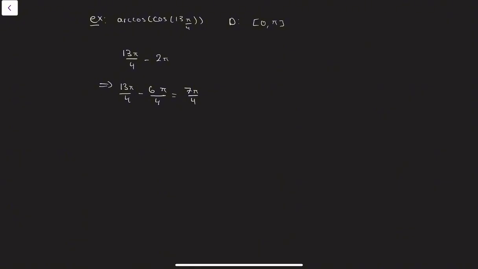Great. Let's draw this out on the unit circle to see where we're at. And so 5 pi over 4 is over here.